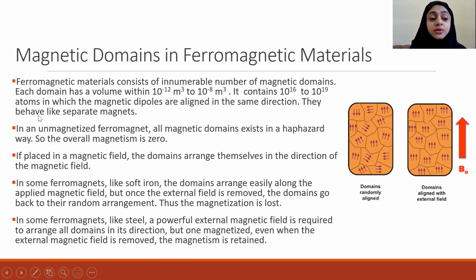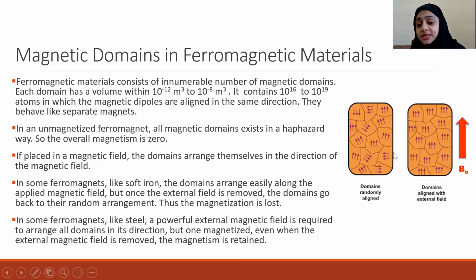And they behave like separate magnets. If you consider a small volume of a magnetic domain, you can see that they themselves act as small magnets, but these magnets are arranged in a haphazard, random way in the absence of a magnetic field.